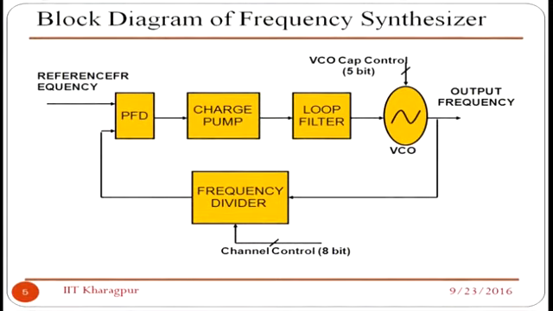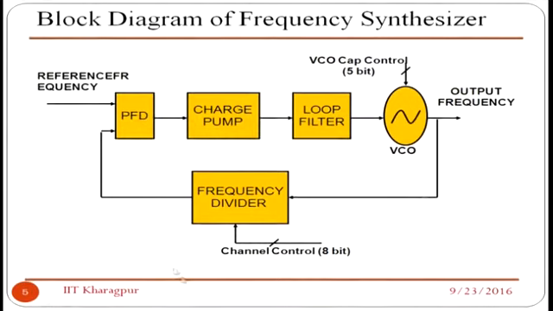Now, I want to have the frequency hopping from 2.4 to 2.405, 2.405 to 2.41, and so on. So I need a 5 megahertz spacing. How do you do that? You need one divider. Suppose the reference frequency is 5 megahertz and your free running frequency is 2.4 gigahertz.